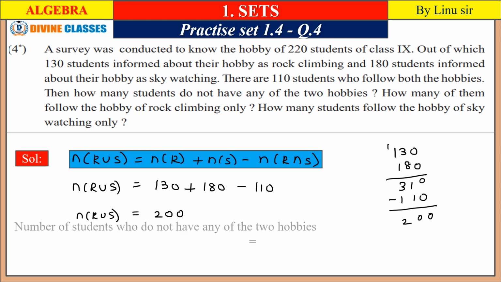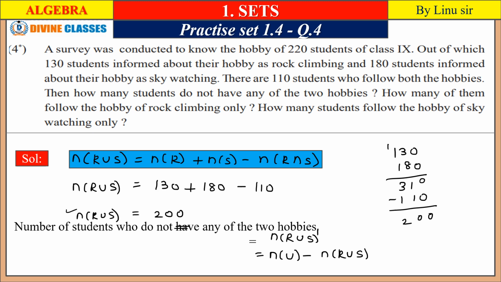Right, students? Now, the number of students who do not have any of these two hobbies. n(R union S) are those students whose hobbies are rock climbing or sky watching. But what we need here is those who do not have any of these hobbies. That is equal to n(R union S complement), and the formula will be n(U) minus n(R union S).